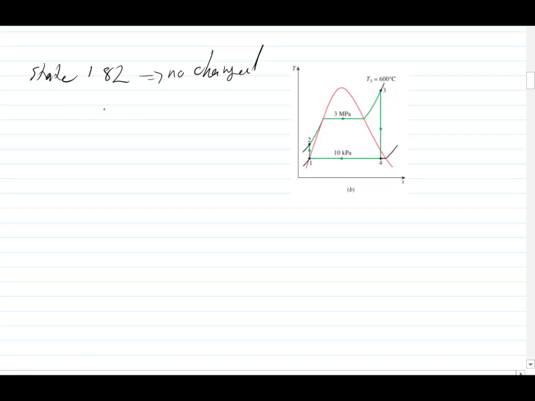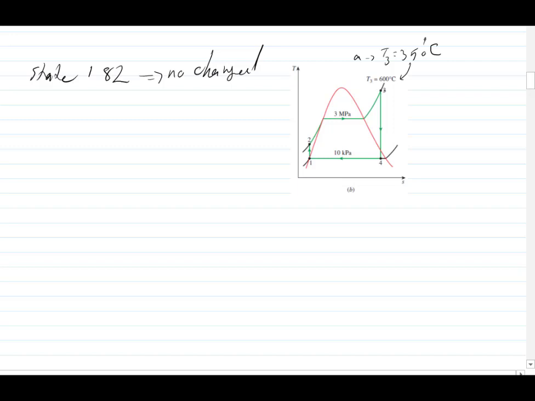And for state 3, as you can see here, in part A, this T3 was 350 degrees Celsius. So now it is changed to the 600 degrees Celsius.